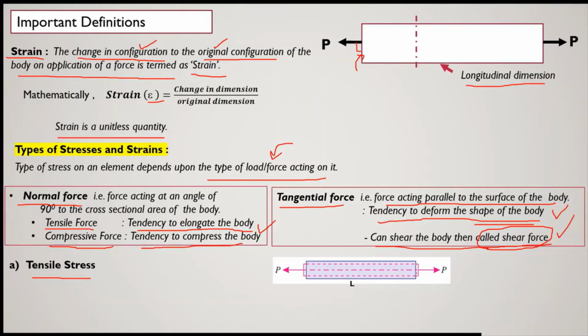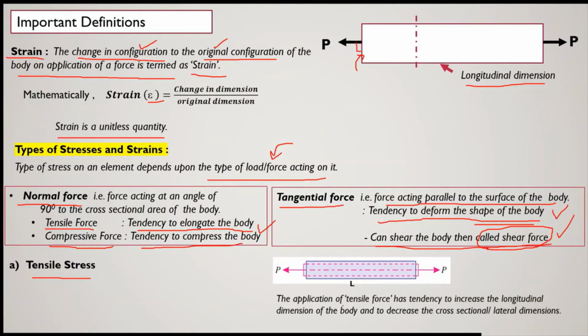Now you can see, if this force is able to elongate it, then there is a possibility that this body can get the shape which is shown as dotted. So you will observe here that there is decrease in the lateral dimension but increase in the length.